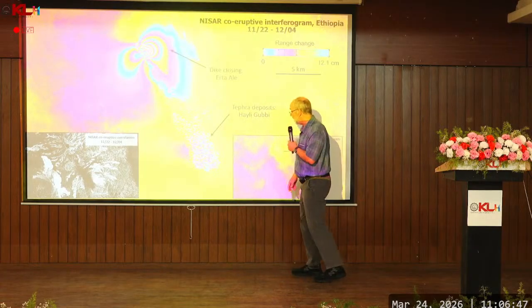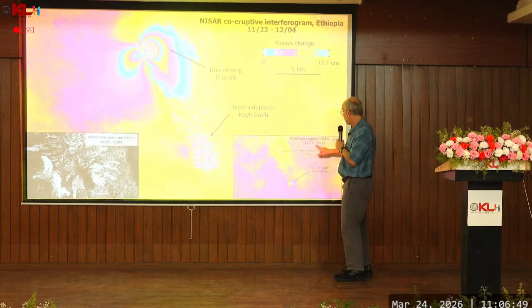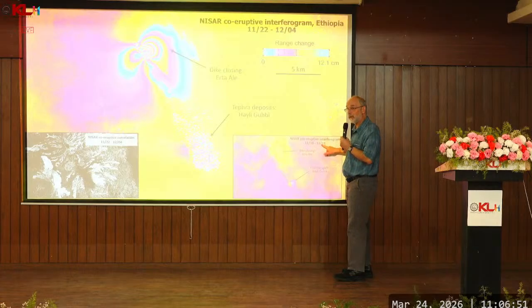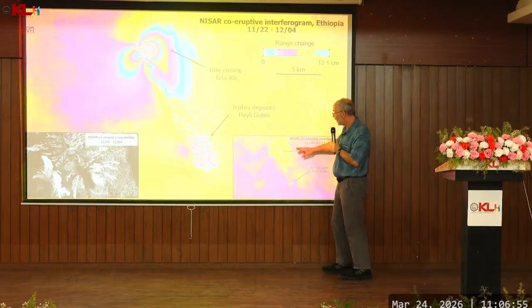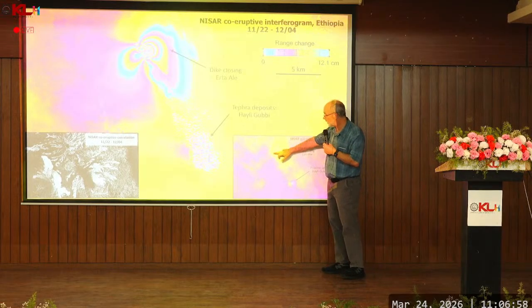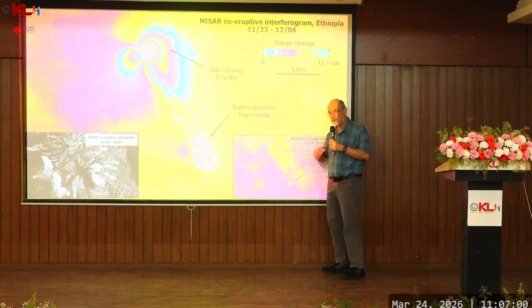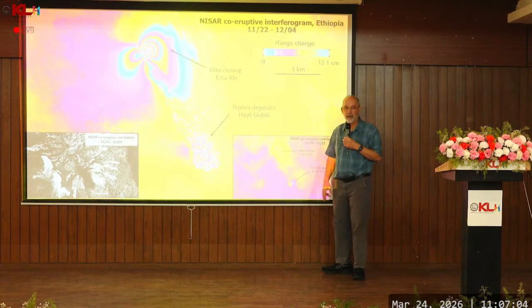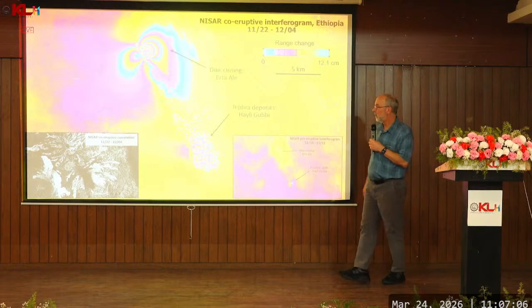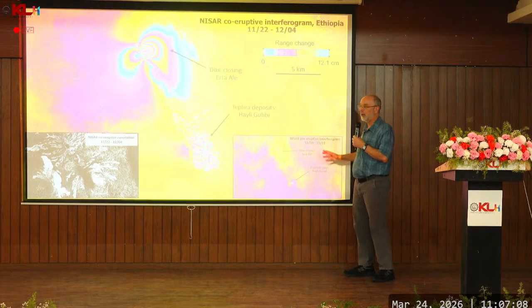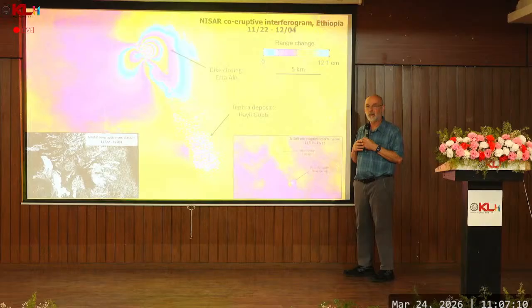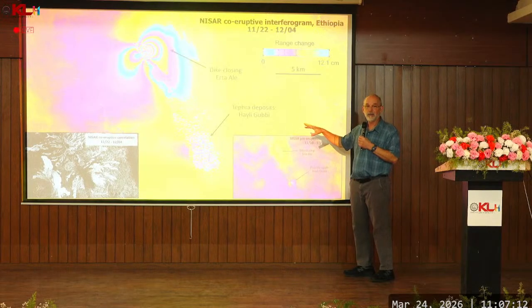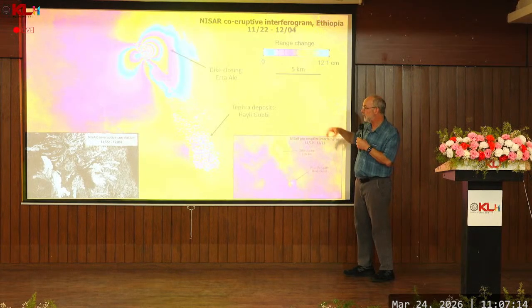If you look at an interferogram from the previous 12-day period, the 10th to the 22nd, you can start to see some subsidence, and you can start to see bulging of the surface due to the impending eruption. So these kinds of images tell you a story about the dynamics of this magma plumbing system.